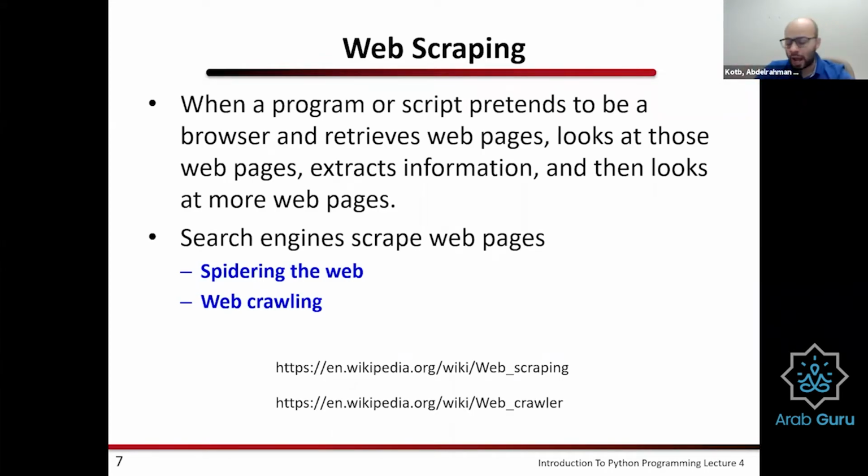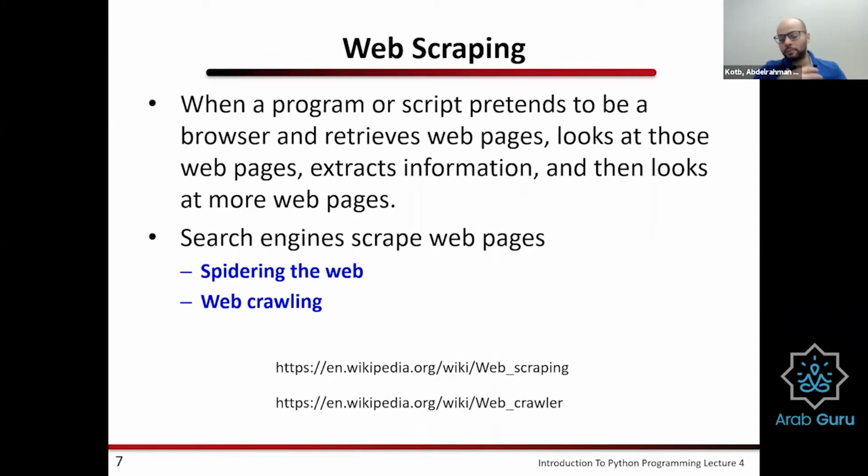Going back to how this applies to Python, in the past, how Google, for example, was first originated, and actually they're still doing that. Whenever you do a Google search, what happens is that Google as an engine scrapes the internet to look for what you typed.